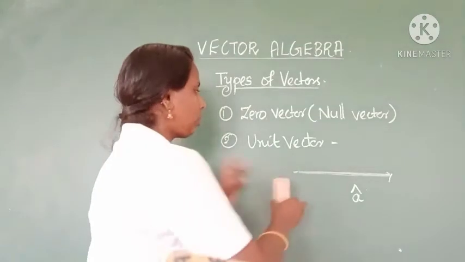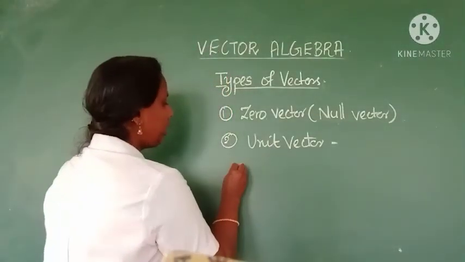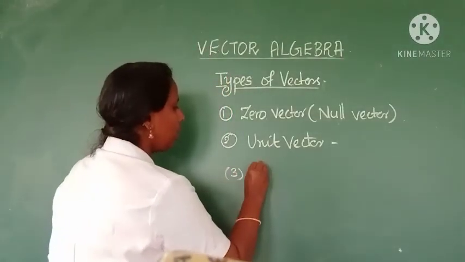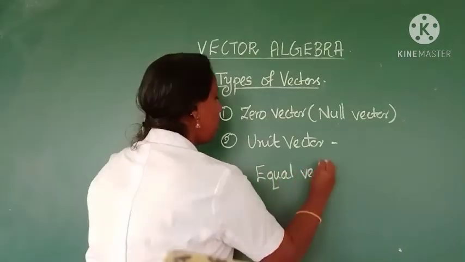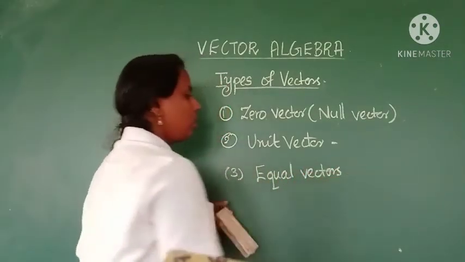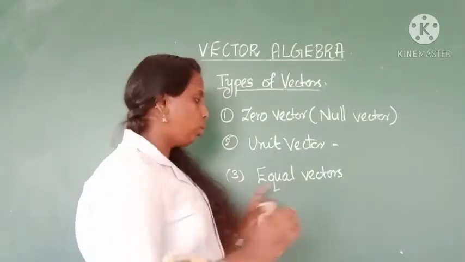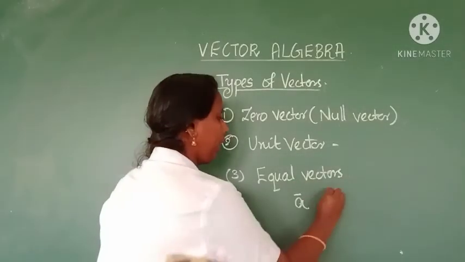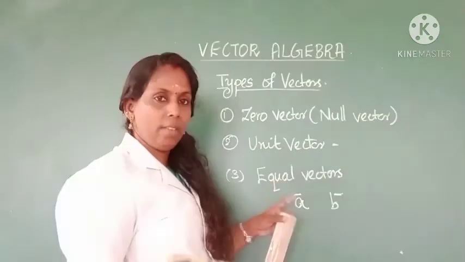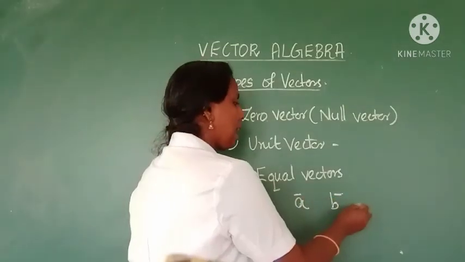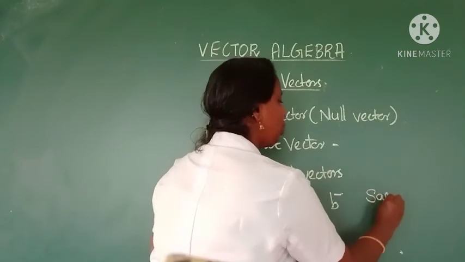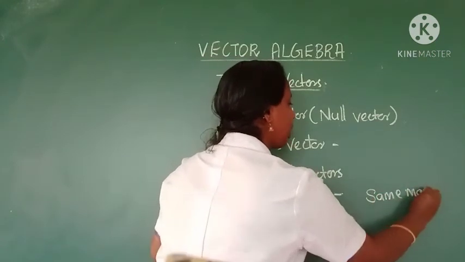Another type is equal vectors. Suppose we have two vectors, vector a and vector b, having the same magnitude and the same direction.